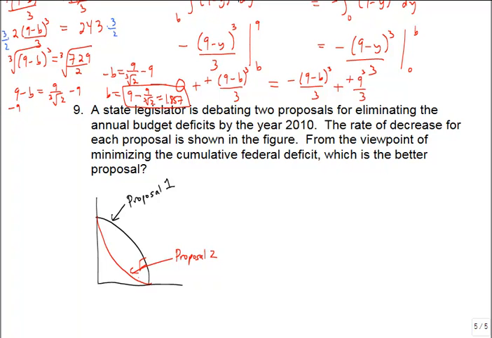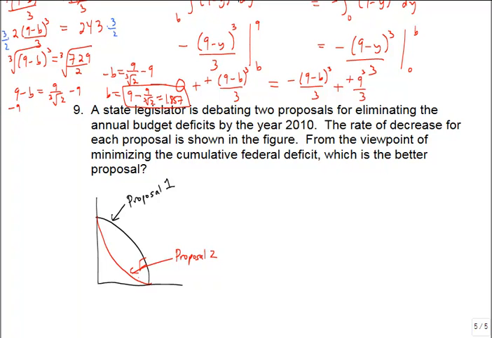And these proposals are showing the rate of decrease of this annual budget deficit. So how could we decide which of these two proposals to go with in terms of minimizing this cumulative federal deficit? Remember that these curves represent the rate of decrease. So what happens when you integrate a rate?